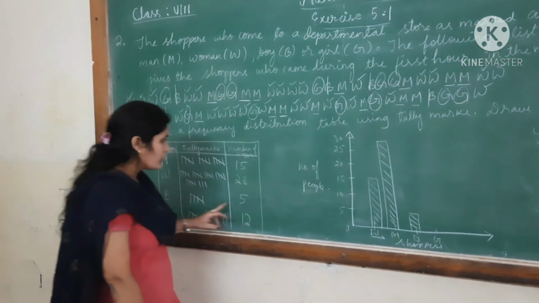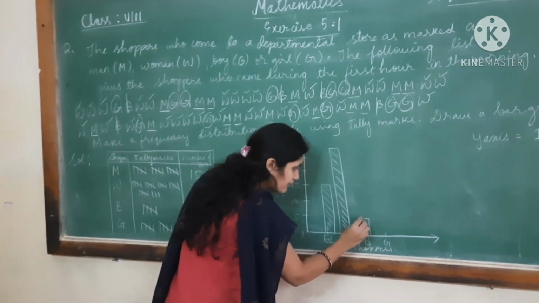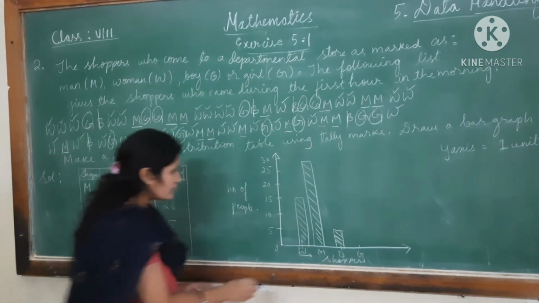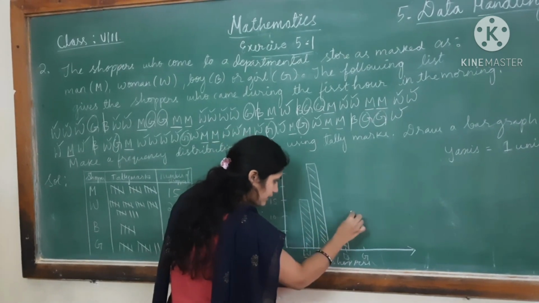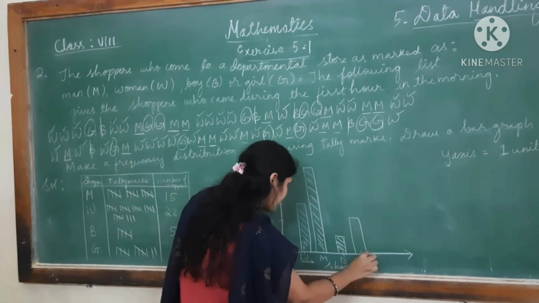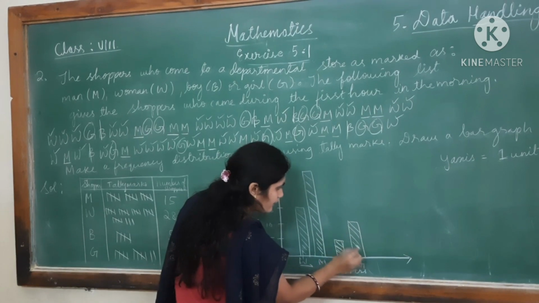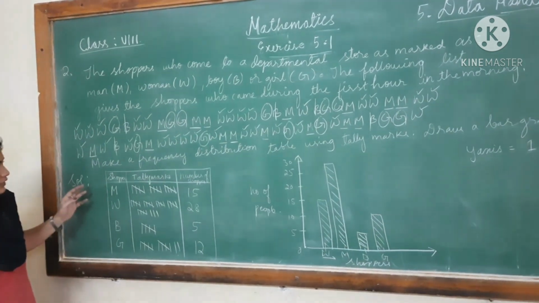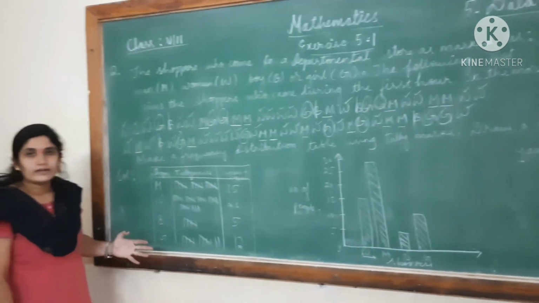Now let me go with the boys. Boys are 5, so we mark here 5. And now girls are 12. So this is the bar graph for the given data, and this is the tally table.